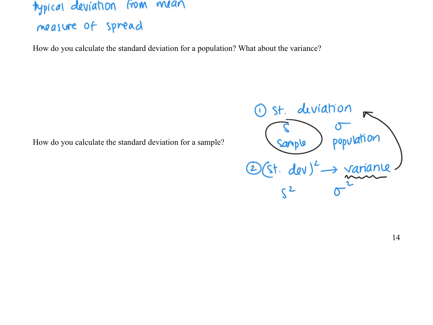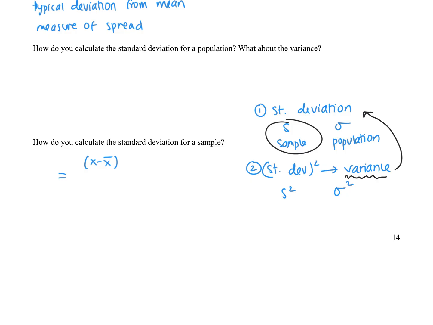Okay. So, how do we calculate standard deviation? What you're going to do is take every x value and subtract the mean. So that's the deviation part. Now, if you remember from earlier in the notes, if we add up those deviations, we're going to get 0. Some will be positive, some will be negative.